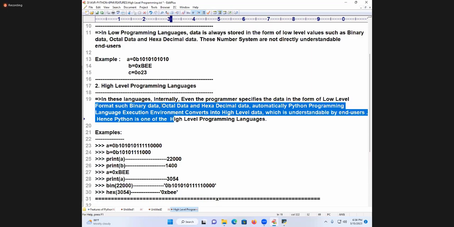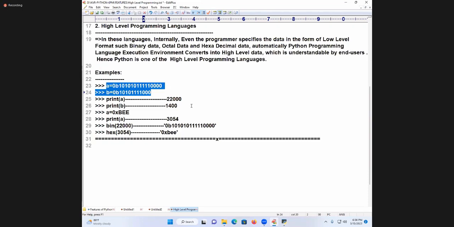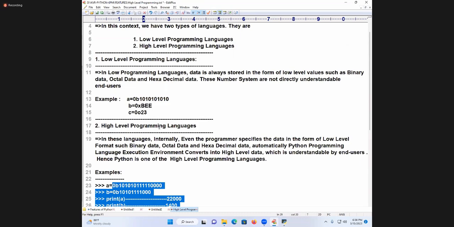Hence, Python is one of the high level programming languages. See, students, I represented binary data and printed A and B. I represented hexadecimal, I printed it, and I printed the binary of that and hex of that. Don't worry about this example, I will explain it. So Python is which language? Right. Some people will describe a high level language like this also. What will they say?